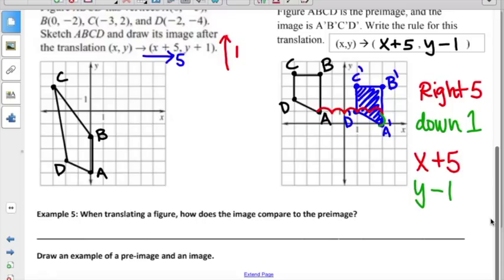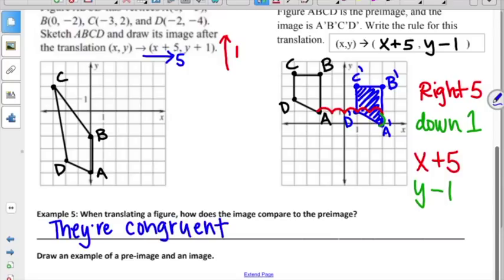So we're going to write that these 2 images are congruent, which means that they have the same shape and also the same size. When you translate a figure on the coordinate plane, the pre-image and the image are always congruent. The only thing different is the position on the coordinate plane, so a different spot.